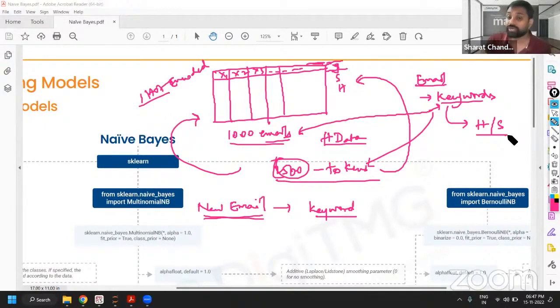Now, from a training data perspective, by default, we will say that the keyword is not present. So if I imagine that there is a new word that we are adding, for this email, the word is not present.